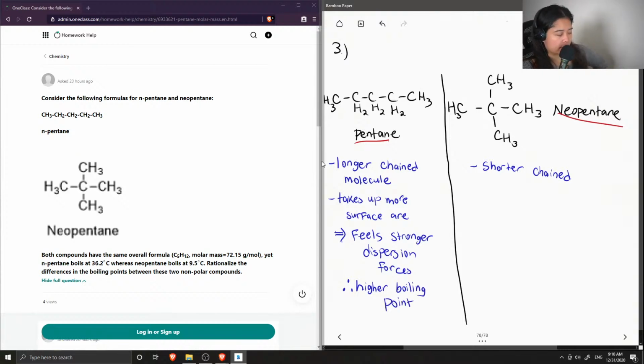Okay, in the case of the neopentane, since it feels less of the dispersion forces, it has a lower boiling point compared to the pentane.